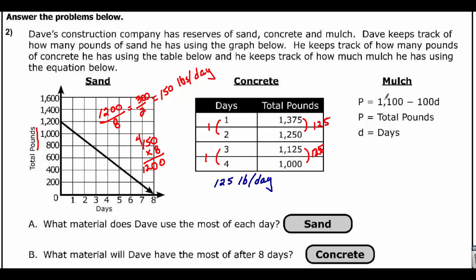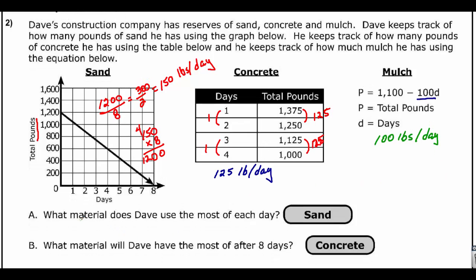And the mulch is 1,100 minus 100D. That's 100 per day. Number of days, D. Total pounds, P. So we know that mulch is changing at a rate of 100 pounds per day.